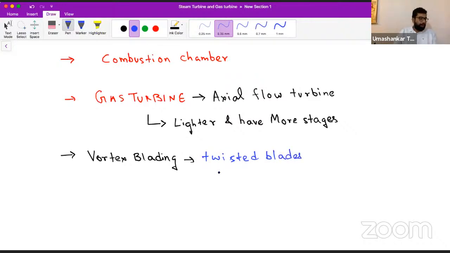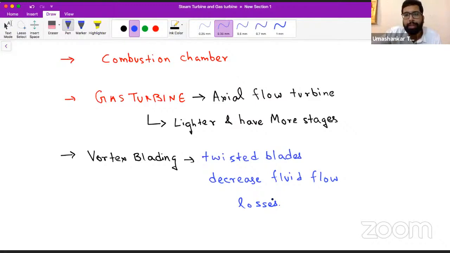We are doing it because we want to decrease fluid flow losses. So one objective question can come: where is vortex bleeding useful? It is used to decrease the fluid flow losses.